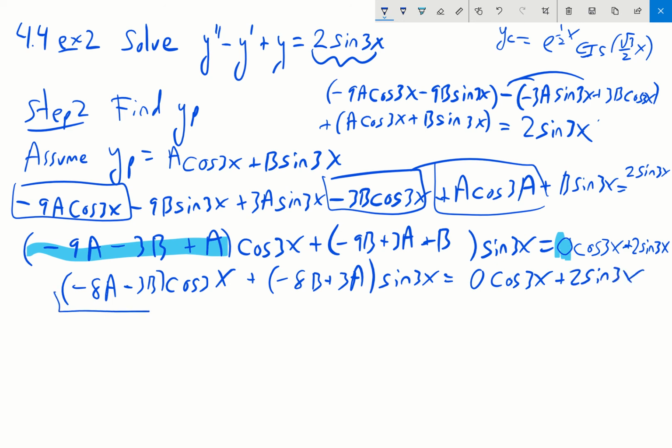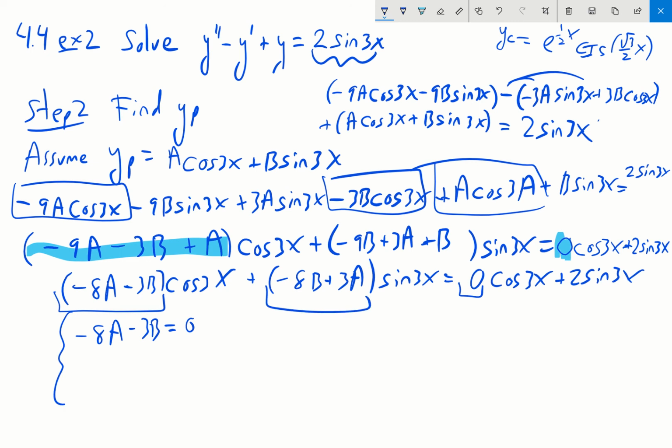But as we just said a moment ago, the coefficient of the cosine 3x term on the left-hand side should match the coefficient of the cosine 3x term on the right-hand side, and therefore negative 8a minus 3b is equal to 0.